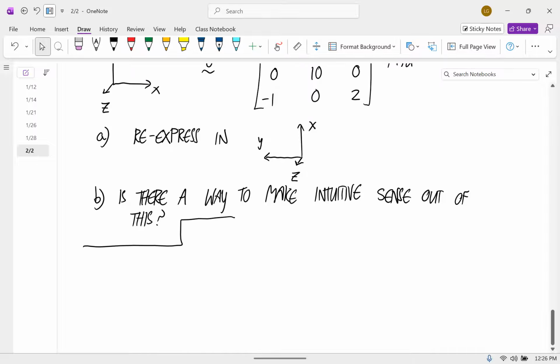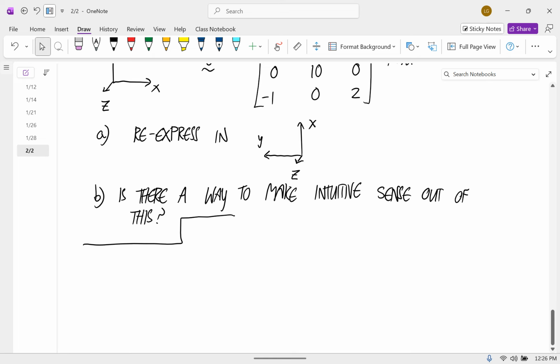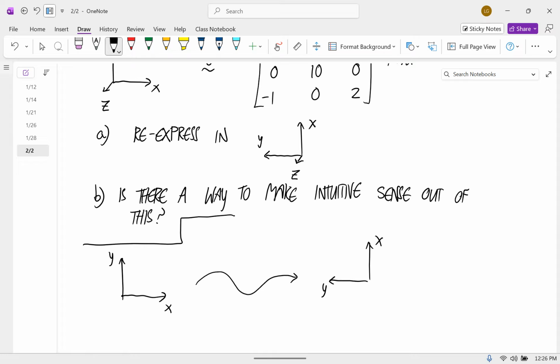Okay, well, the first thing we have to do is we're talking about an original coordinate system like this, and a new coordinate system like this. So what axis are we rotating about?